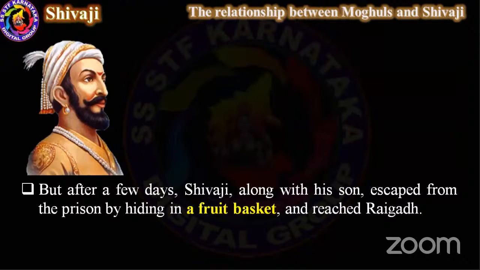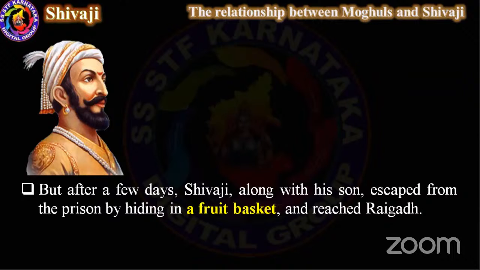But after a few days, Shivaji along with his son escaped from the prison by hiding in a food basket and reached Raigad. He was very clever. He made a plan against them and succeeded in escaping in that food basket.